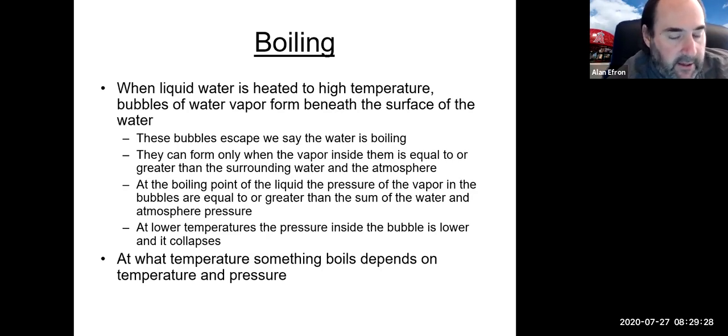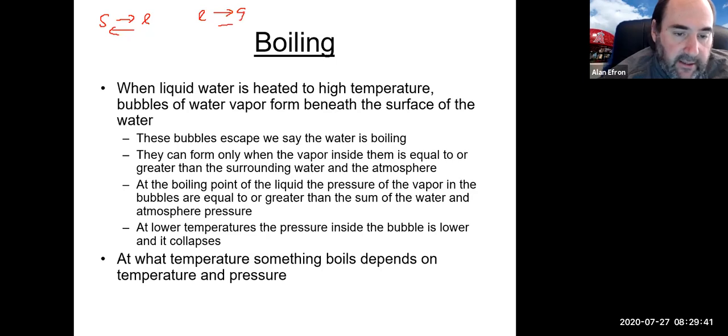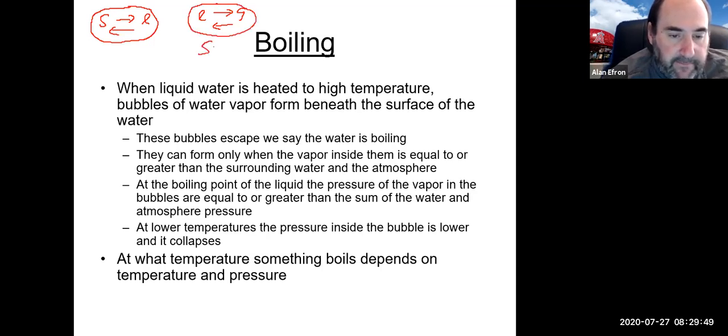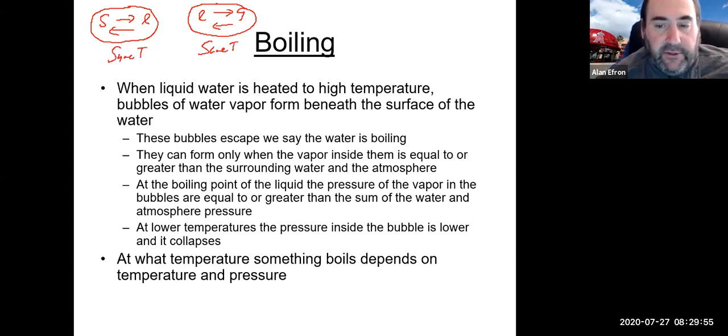It just really depends on what's happening in terms of energy. Those transitions, going from solid to liquid, or liquid back to solid, or liquid to gas, or gas back to liquid, are equilibrium processes, each of these things, and they do occur at the same temperature.